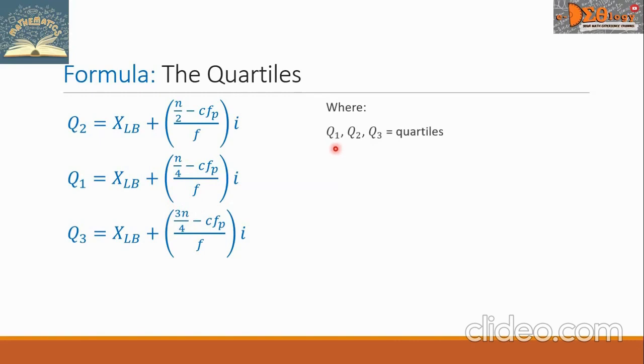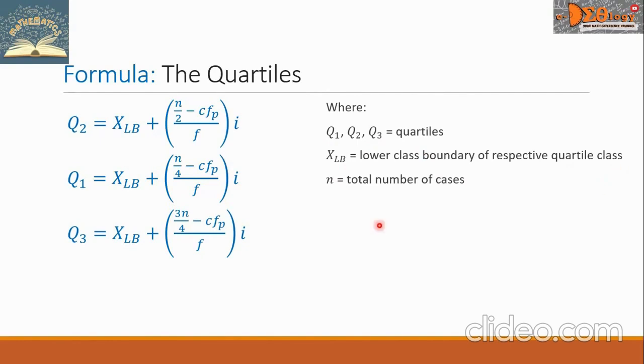So the Q sub 1, Q sub 2, and Q sub 3 are the quartiles. The x sub LB is the lower class boundary of respective quartile class. The n is the total number of cases.